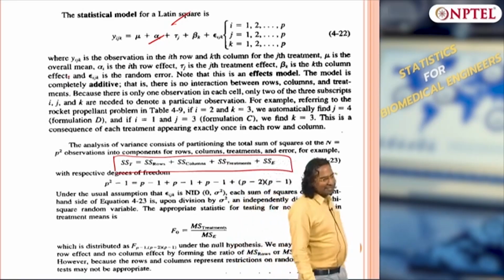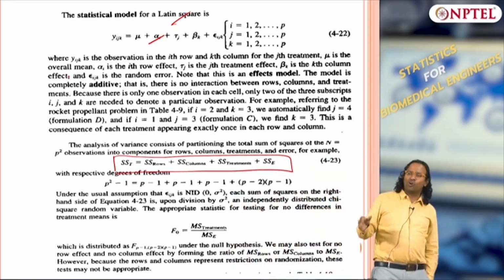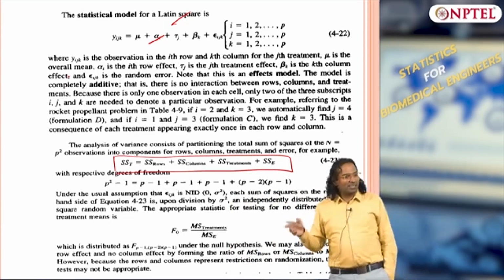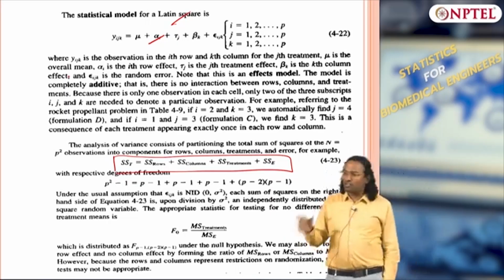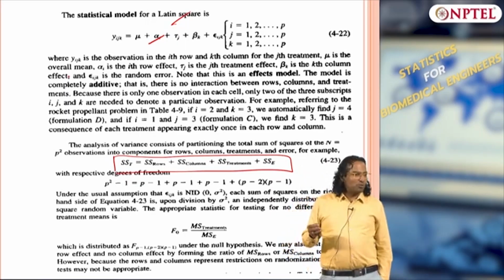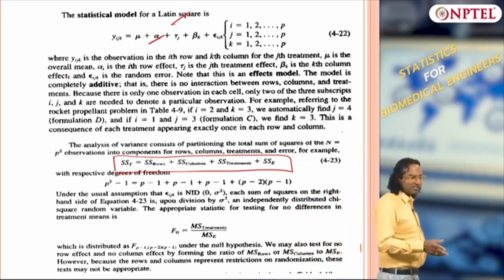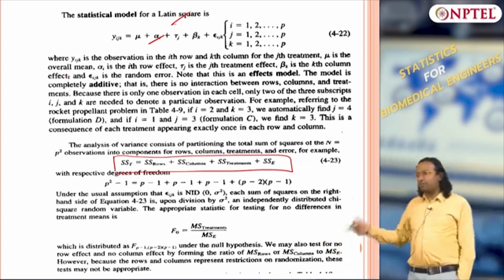Now it is a square design, which is interesting, right. So all are A, there is no A plus B kind of thing. If you call it P, how many equations do you have? 3p plus 1 equations: P for rows, P for columns and P for entries.